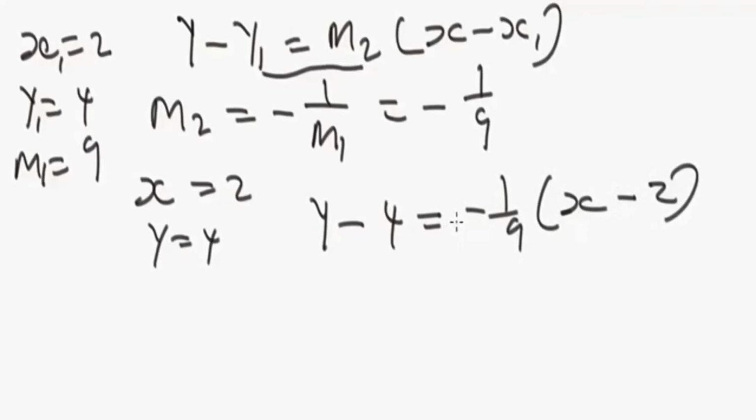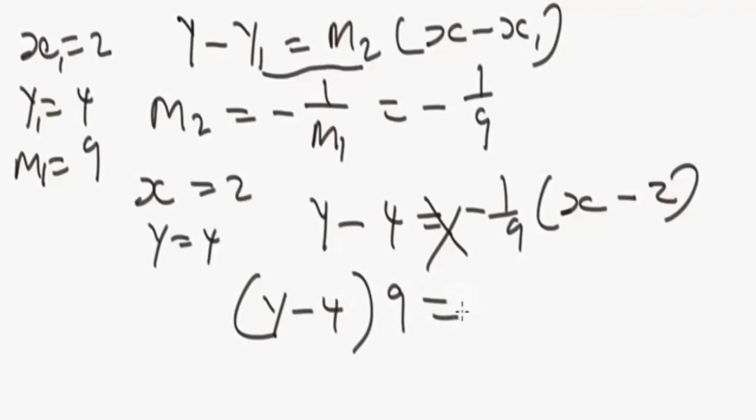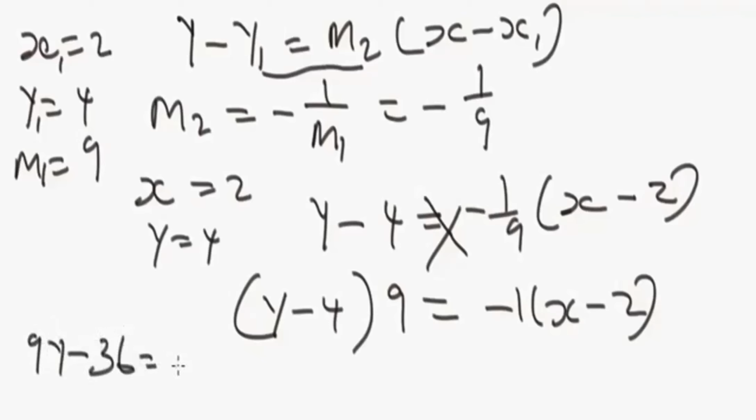When you cross multiply, you're going to have y minus 4 times 9 equals minus 1 times x minus 2. Let's simplify further. You're going to get 9y minus 9 times 4, which is 36, equals minus x plus 2.